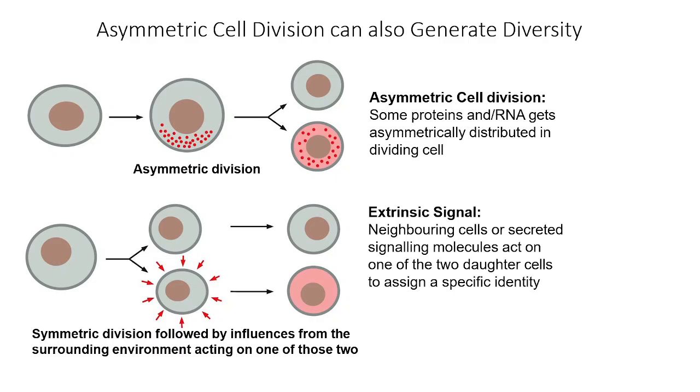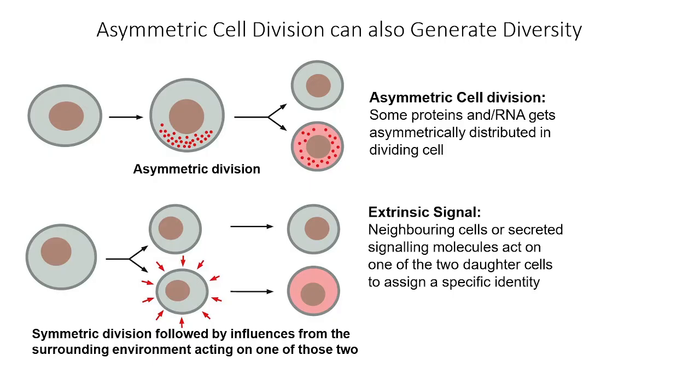In contrast, you may have a symmetric division followed by extrinsic signals acting only on one daughter, such as secreted factors or contact with neighboring cells, that then specify distinct identities. Both intrinsic asymmetry and extrinsic cues are used extensively in development and stem cell biology.